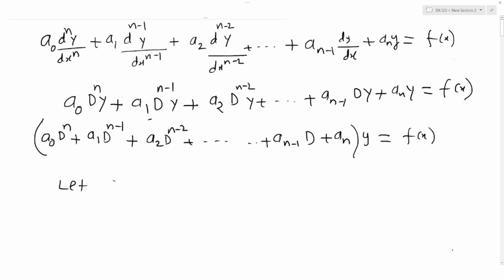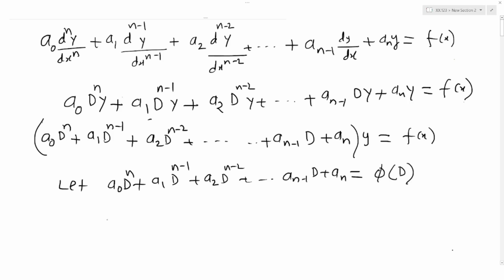Let a0 D^n plus a1 D^(n-1) plus a2 D^(n-2), and so on, an minus 1 D plus an, be denoted by phi of D. So this implies phi of D y equals f of x.